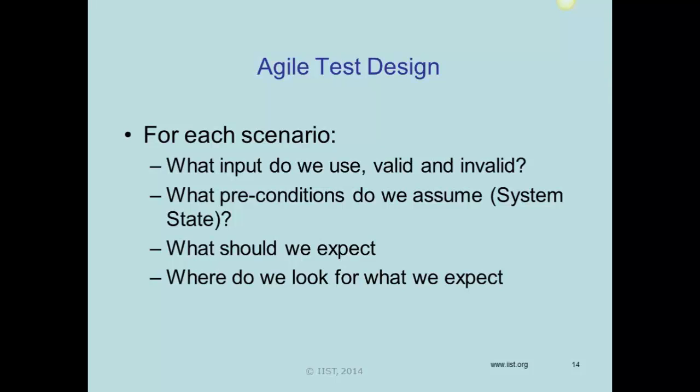And guess what? This last bullet may mean that I'm going to have to interrogate the database. So I need to know what specific table within the database I need to write a SQL query against to find out if the correct record has been stored or not. In some other simpler cases, I don't need to look at the database or write a SQL query.